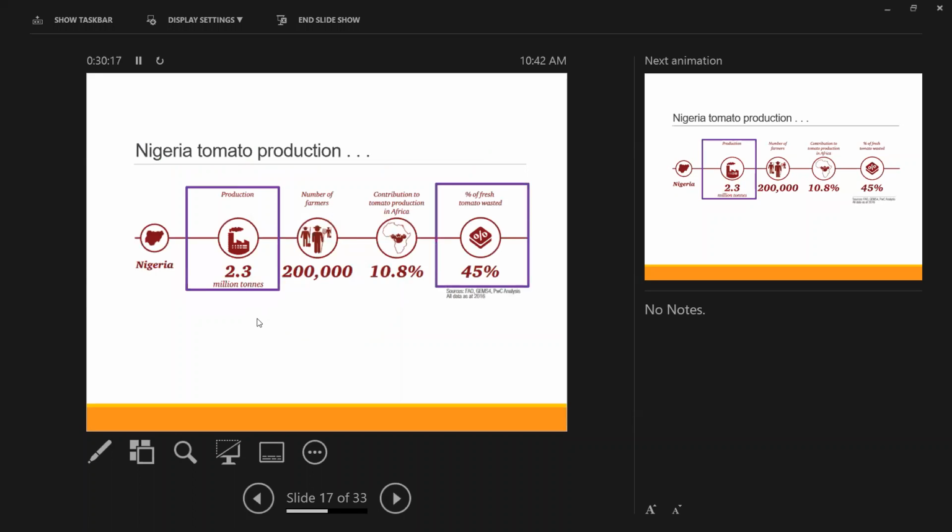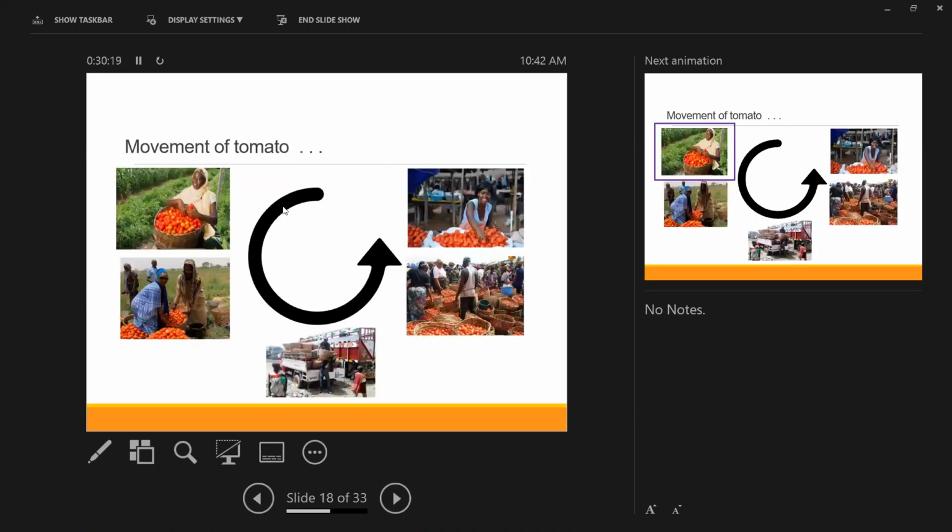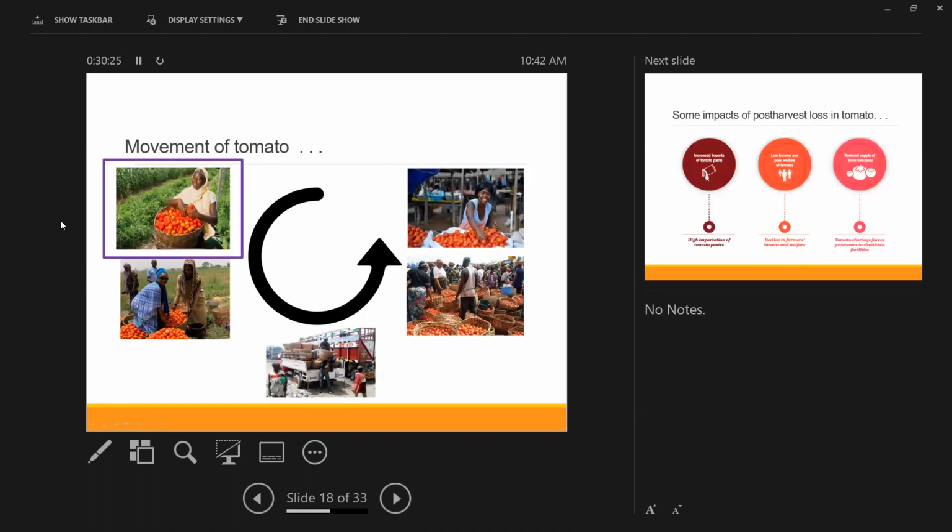So what we are doing is understanding the value chains of tomato. Based on the value chain, we found that most tomato loss happens on the farm. So if we can create the digital twin of a tomato on the farm, then we can study what the variables are that improve the storability as well as the shelf life of tomatoes.